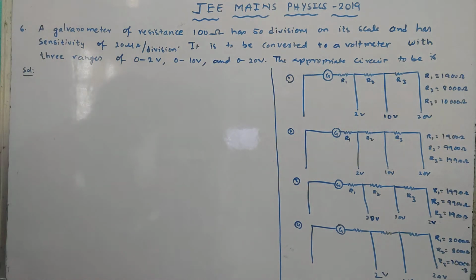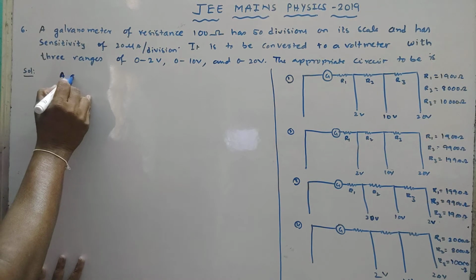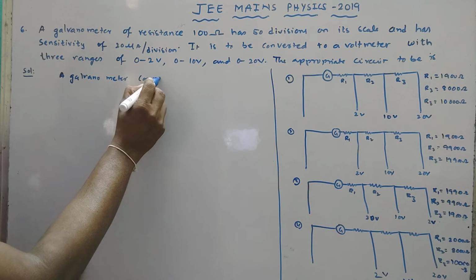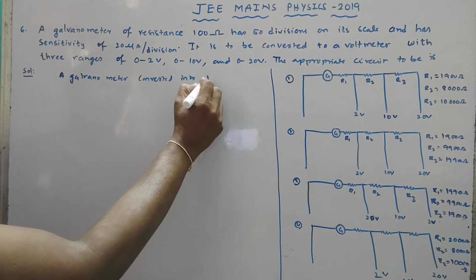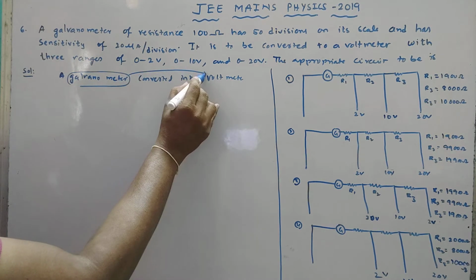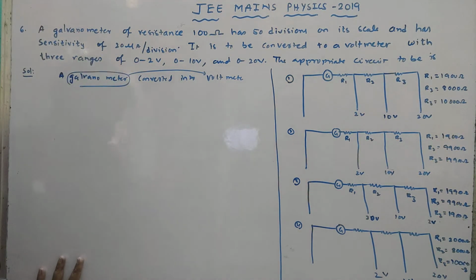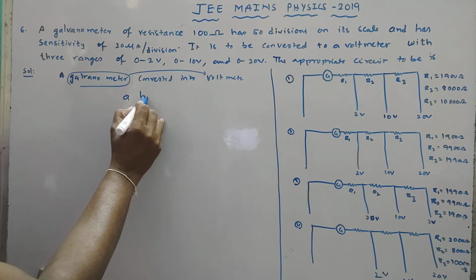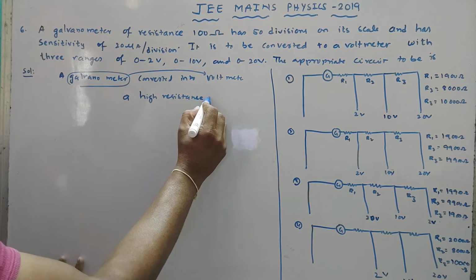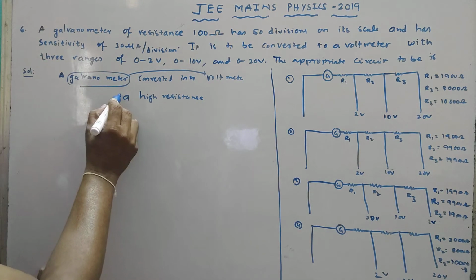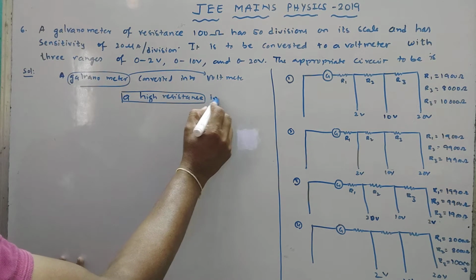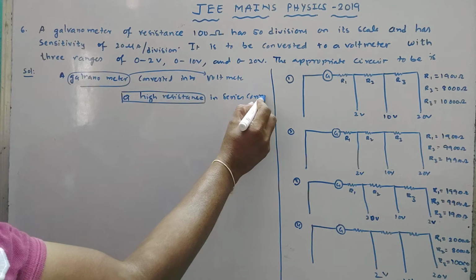So generally we already know that if we are interested in converting a galvanometer into a voltmeter, we have to add a high resistance in series connection to the galvanometer.